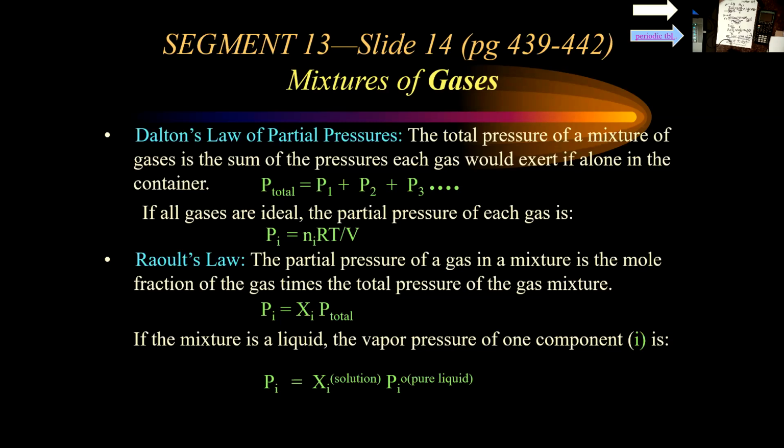So if I wanted to know what the pressure of, say, alcohol would be in a mixture of alcohol and water, well, if I just take the mole fraction of the alcohol in the liquid solution and multiply by the pressure that alcohol has at that temperature, that will give me the pressure that would be over a mixture of that alcohol and water. This is a very useful relationship as well.